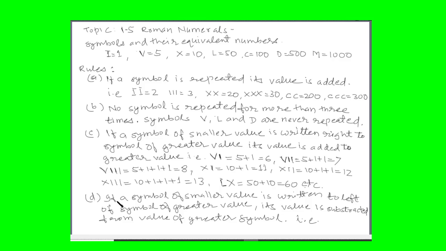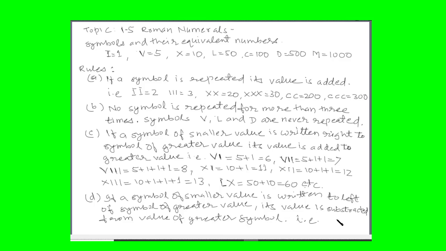Rule D: if a symbol of smaller value is written to left of symbol of greater value, its value is subtracted from the value of symbol of greater value.